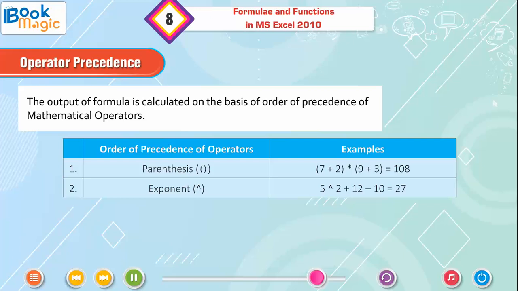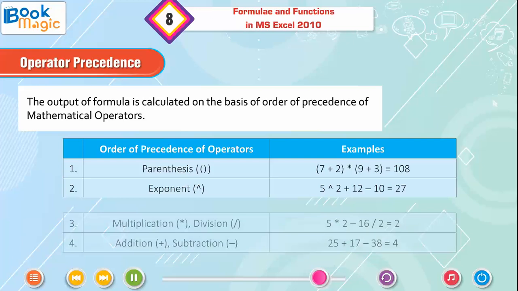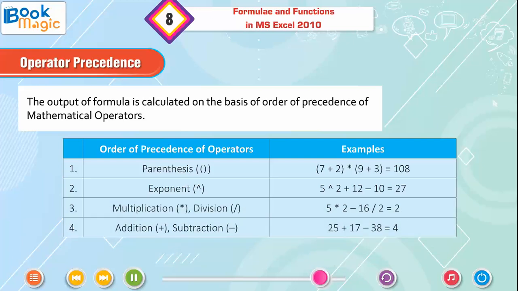Exponent: 5 raised to the power 2 plus 12 minus 10 is equal to 27. 3. Multiplication, division: 5 into 2 minus 16 upon 2 is equal to 2. 4. Addition, subtraction: 25 plus 17 minus 38 equals 4.